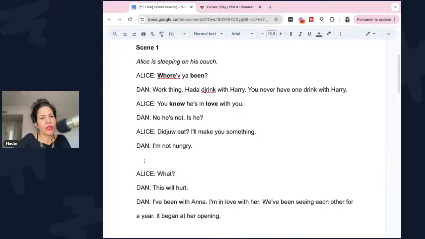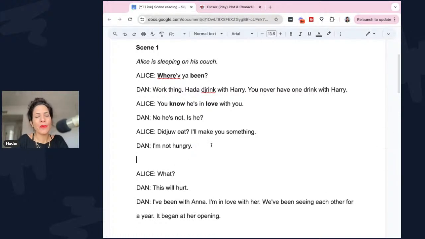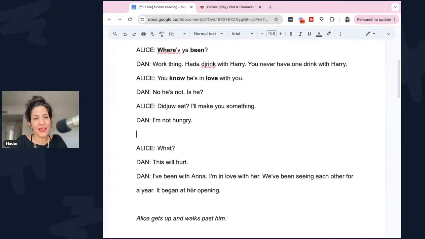Because if I were to just read it like that, I'm not hungry. What? You can also read it like that, that the what is in response to what he just said. I'm not hungry. What? You're not hungry? But obviously, we know that there is more to it because we know it's coming up. So probably Dan is doing something here that gets her to ask, what?